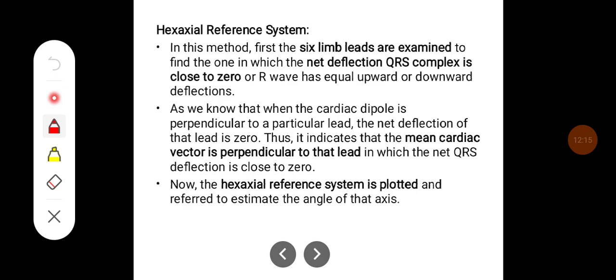Then the hexaxial reference system. In this method, the six limb leads are examined to find the one in which the net deflection of the QRS complex is close to 0, or the R wave has equal upward and downward deflections.